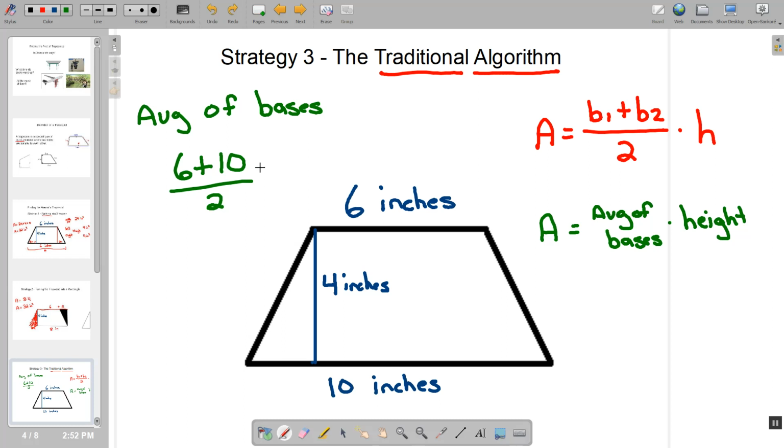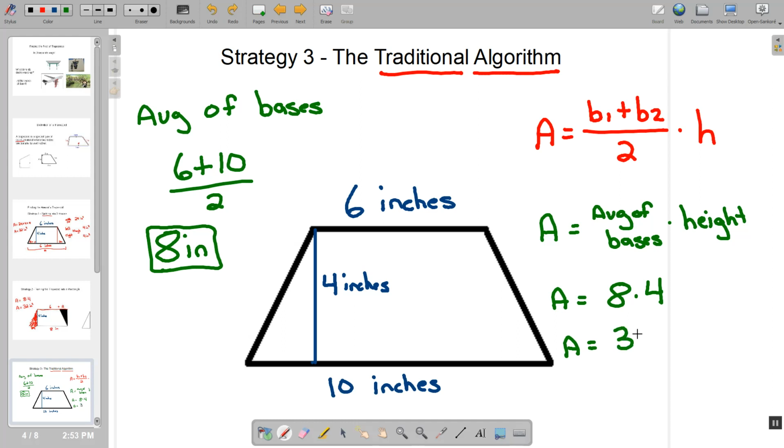Or I could think, what number is halfway between 6 and 10? Well, both ways is going to give me the same answer. It's going to be 8 inches. And then I simply do the average of the bases, which is 8, times the height, which was given to me as 4. And I get, once again, the same answer a third way, 32 square inches.